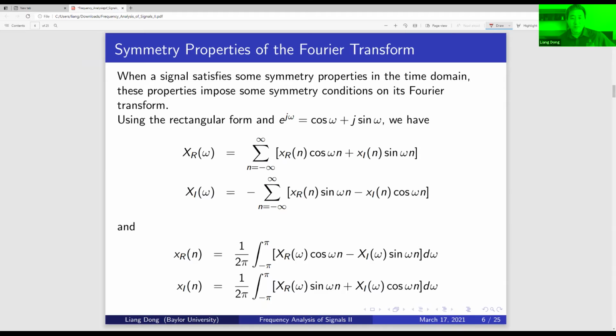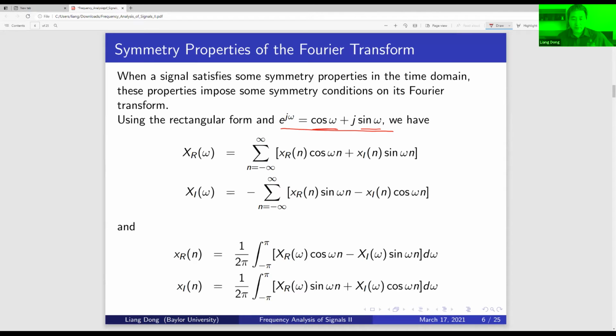When a signal satisfies some symmetry properties in the time domain, these properties impose some symmetry conditions on its Fourier transform. So we are using the rectangular form, and everything is in real part, imaginary part. Therefore, the core exponential, or the harmonics in my Fourier transform, I also want to express in those two parts, rectangular form. Using the Euler identity, we have cosine omega plus j sine omega.